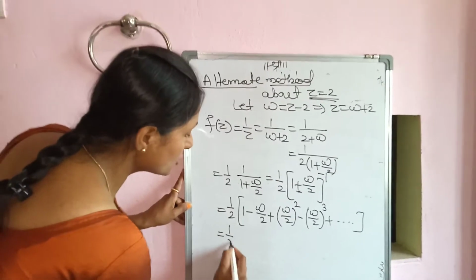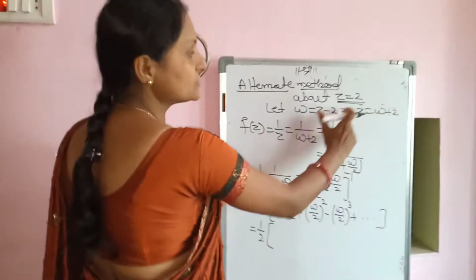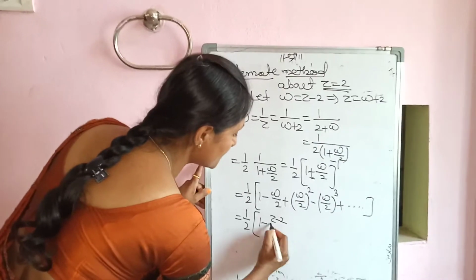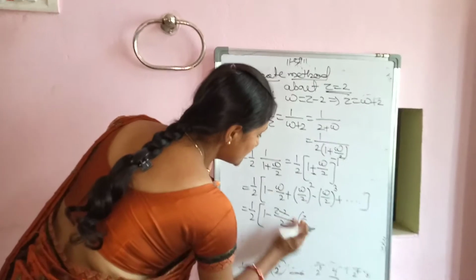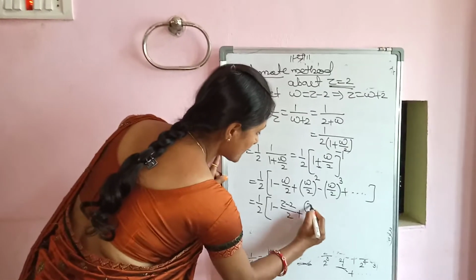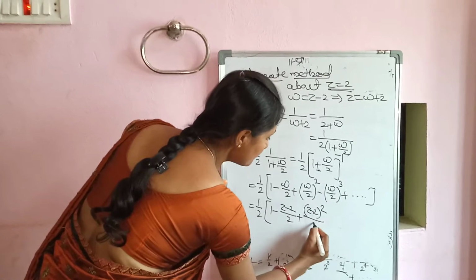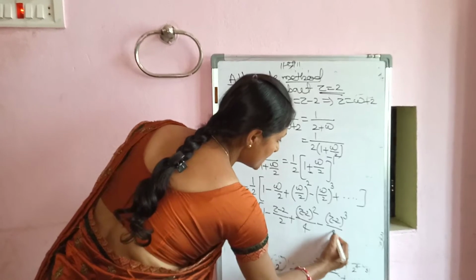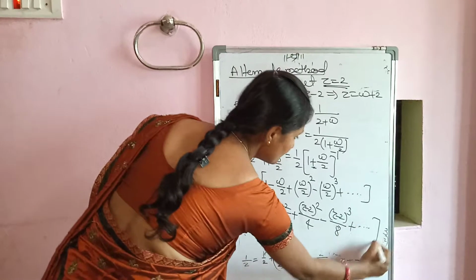But we know that omega is nothing but the value z minus 2. So let us resubstitute the value z minus 2 by 2 plus z minus 2 whole square by 4 minus z minus 2 whole cube by 8 plus so on up to infinity.